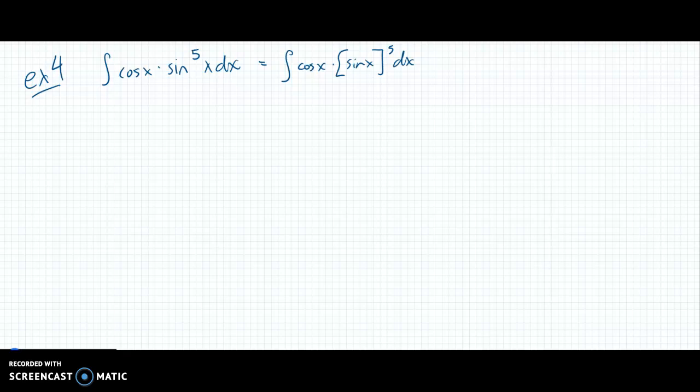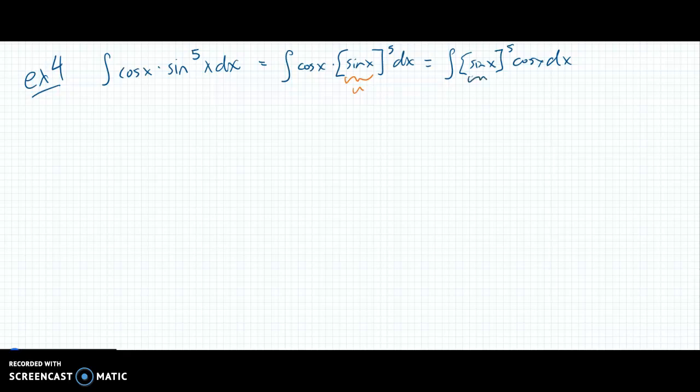Okay, so see if you can identify the u. It's always the function that's inside of a function, and then there's another derivative of it outside. Hopefully you identified this as your u. And I'm also going to go ahead and rewrite this integral of sine x to the fifth times cosine x dx.